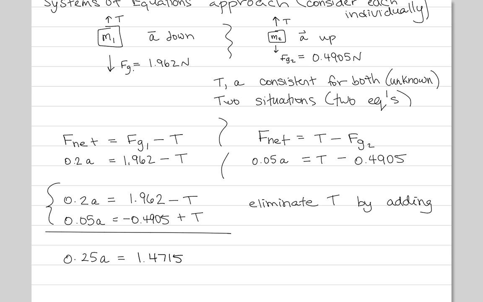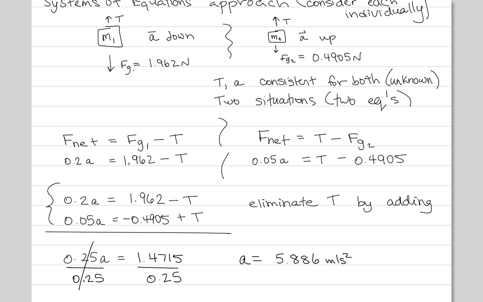Good. And now we have to isolate a, so divide out 0.25, and then you've solved for a. And just like in math class, once you find the one variable, you got to sub it back into one of the equations and get the other one.